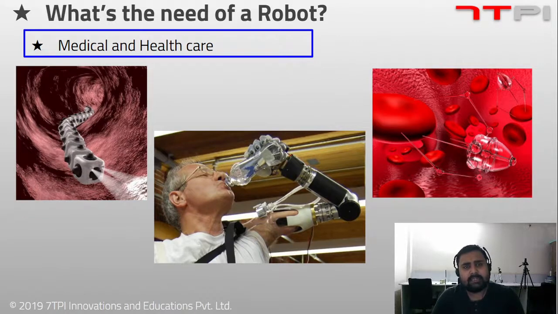It's an artificial limb which is attached to the human. That is also one of the major applications. Also, there are tiny robots which can move inside the body, or biological robots which can be injected into the blood and can work with your blood cells.